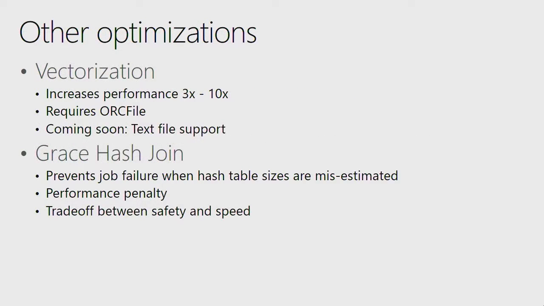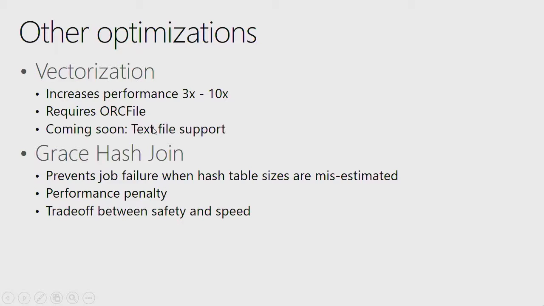Okay, some more execution engine optimizations: vectorization. With vectorization, you can improve your performance 3 to 10 times. Today it does require ORC file support, but actually this is a little outdated, because with HDInsight 3.5 vectorization also works with text files.